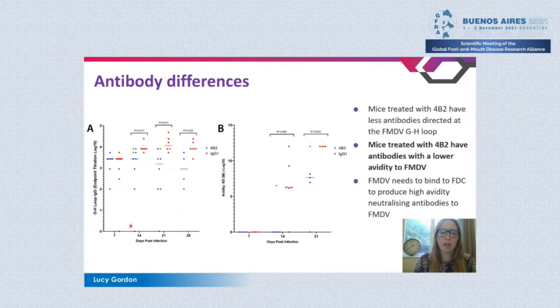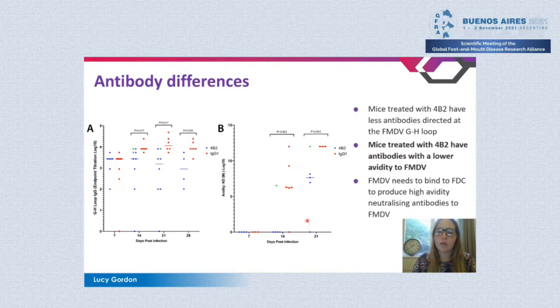Here on the left are the total IgG to the FMDV GH loop. You can see, again, at 14 days post-infection, there's a significant decrease in antibody titers to the GH loop in mice treated with the complement receptor block. And again, this lasts up to 28 days post-infection. It's been established that in mice, the GH loop is a neutralizing epitope inducing protection against FMDV.